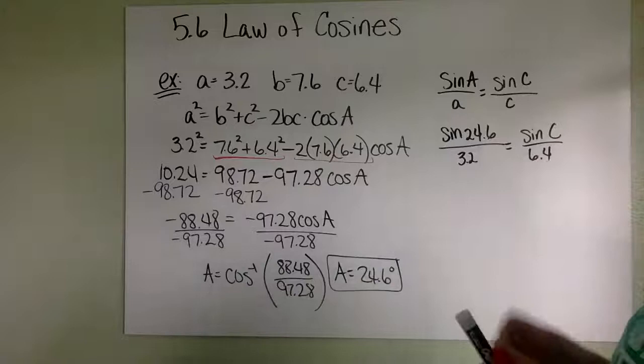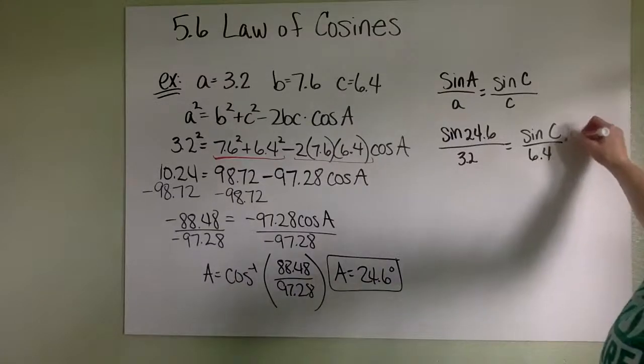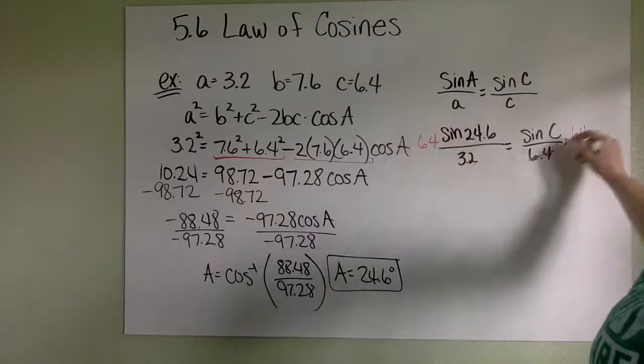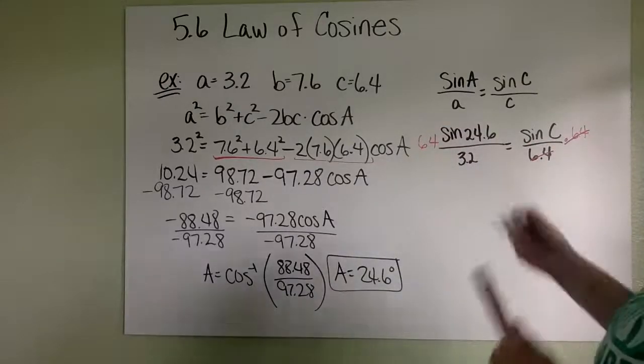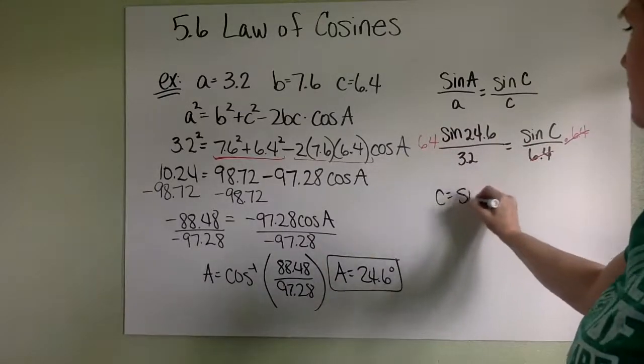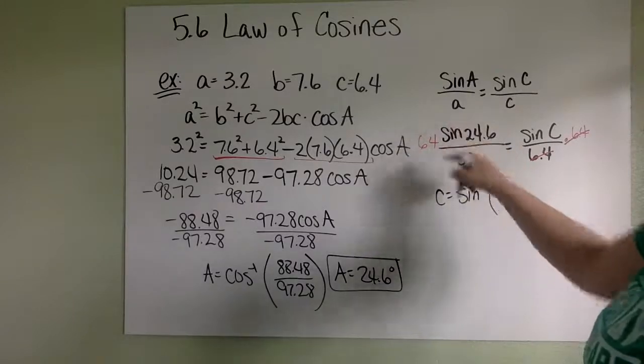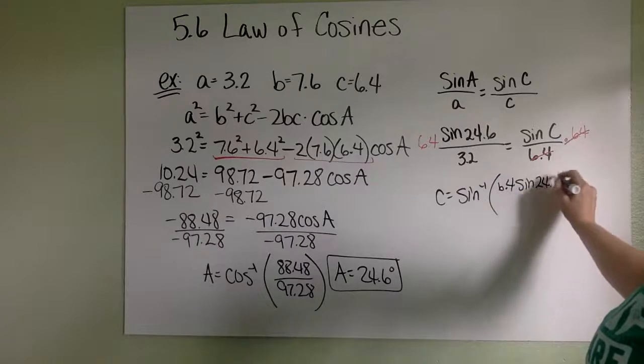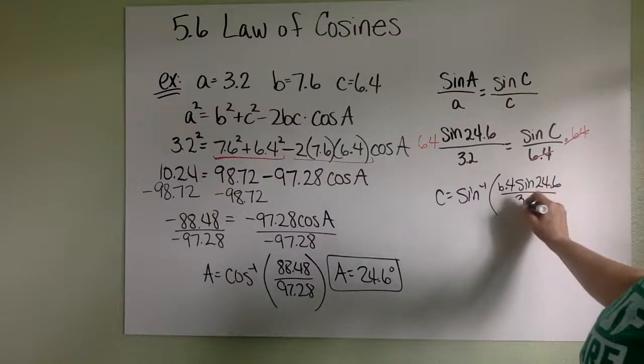And then multiplying both sides by 6.4, I get angle C is the inverse sine of this ratio, 6.4 times the sine of 24.6 over 3.2.